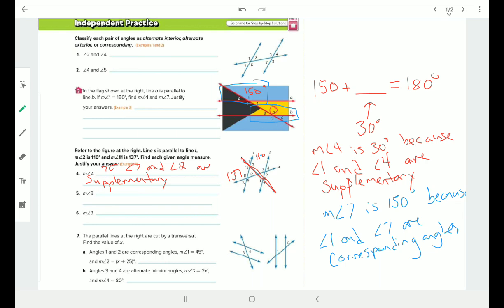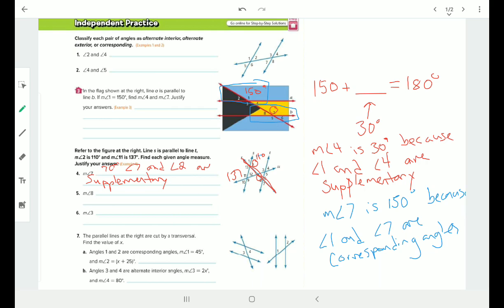So we have to say, which one is it going to be related to? Well, once again, it's going to be related to angle 2. Angle 2 and angle 8 are alternate interior angles, which means they are congruent. So angle 8 has to be the same measure as angle 2.